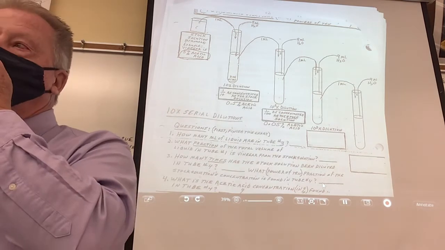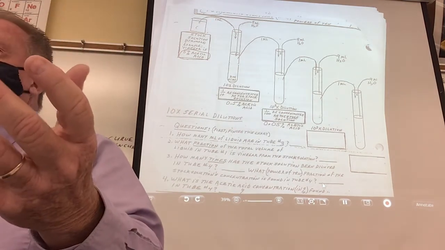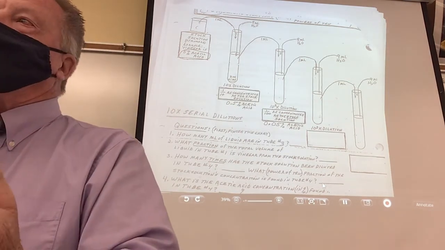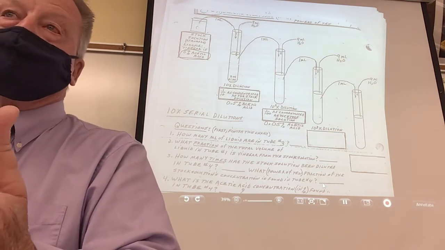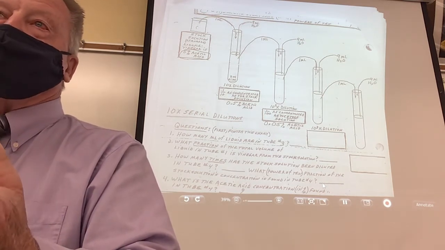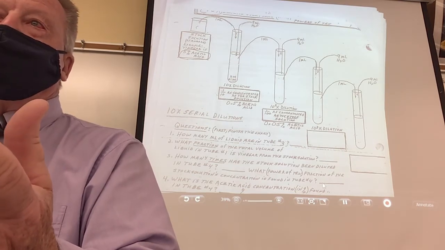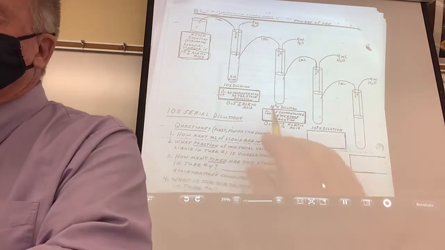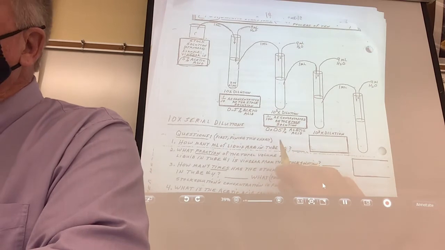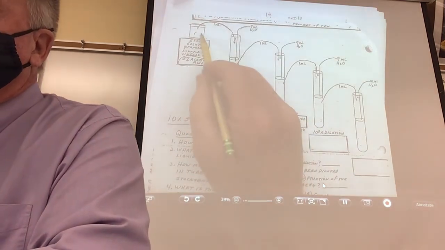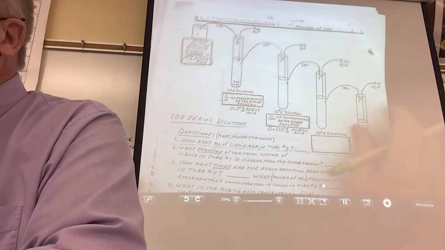If I go to the store and buy vinegar, you'll see on the package it says contains 5% acetic acid. Do you know 95% of what you're paying for is water? And the jar. But anyway, this is called the stock solution. And so you would take the stock solution, and we would use pipettes.